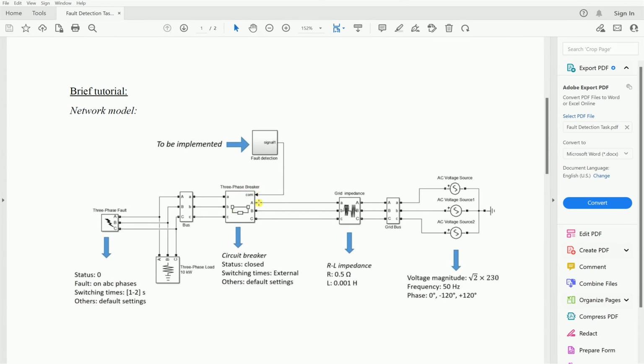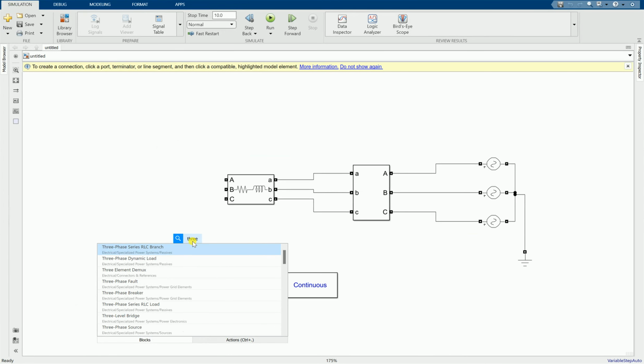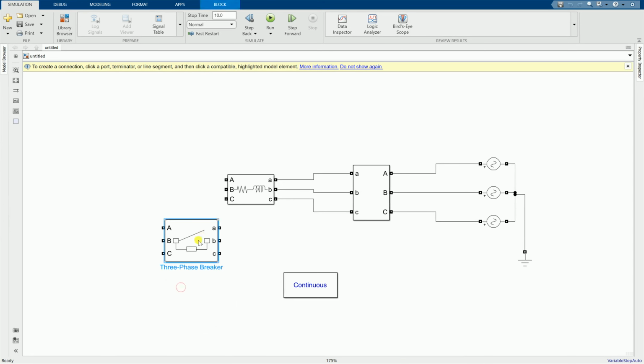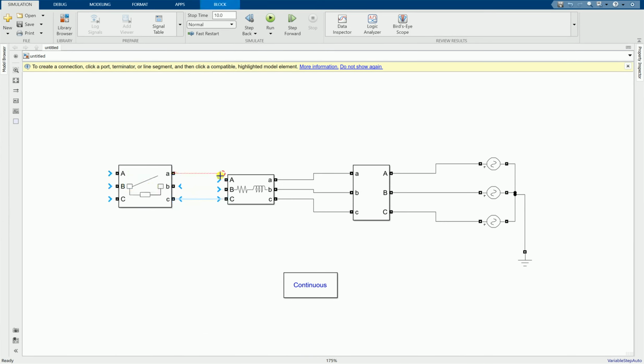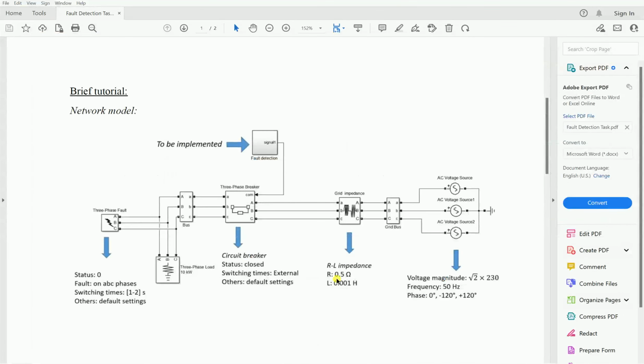We have the circuit breaker, so it is a 3-phase breaker. Okay, so what are you going to do? 3-phase breaker, which is this one. Connect A with A, B with B, C with C, and the initial status, you can see here, status closed, which is the initial state of the circuit breaker.